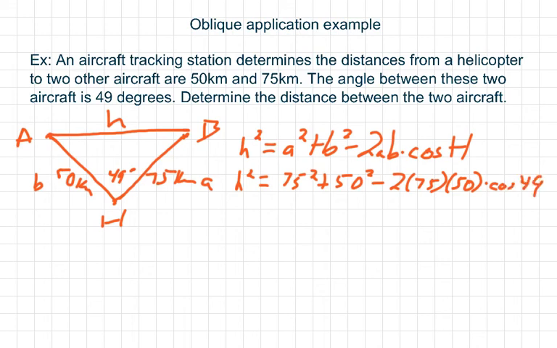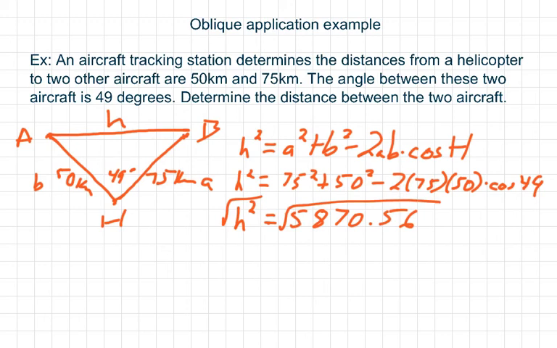Nice thing, again, this one's looking for a side, which is awesome with the law of cosines because I know that I can just pump it all into my calculator. So I get h squared, I pump that in my calculator, and I get about 5,870.56. That's not the distance between the two aircraft because that's h squared, so I have to square root that.